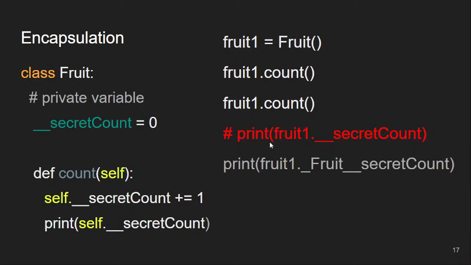Anytime you try to print fruit1 dot underscore underscore secret count, which is a private variable, you will get an error. I've commented it out, but you can uncomment it as you try the code and see the type of error you get. Python will warn you that secret count is not accessible. So you know that you are trying to access a private variable in the wrong place.